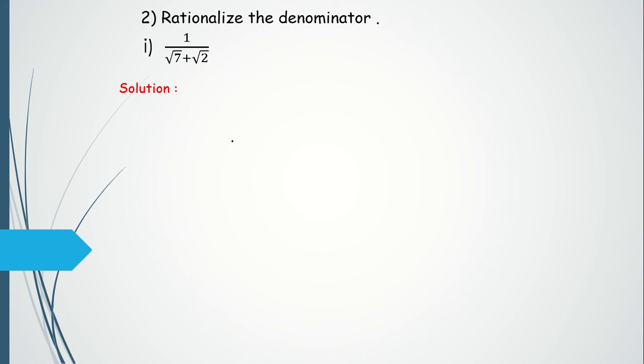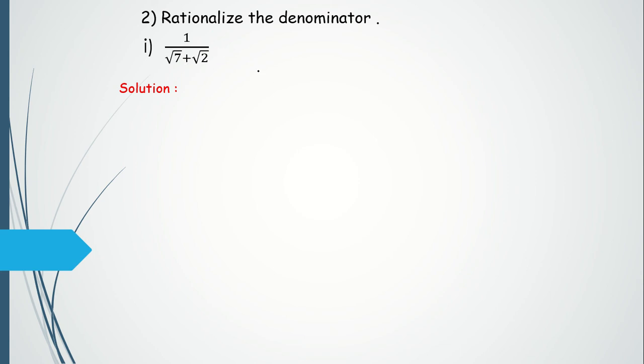So what we do, we multiply numerator and denominator by its conjugate. We have learnt in the previous slides what is meant by a conjugate. Conjugate means if this sign is plus, its conjugate will have sign minus.